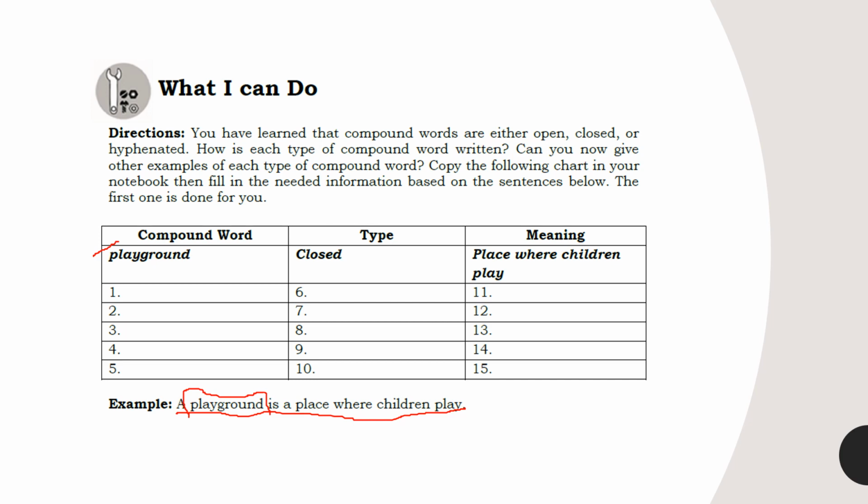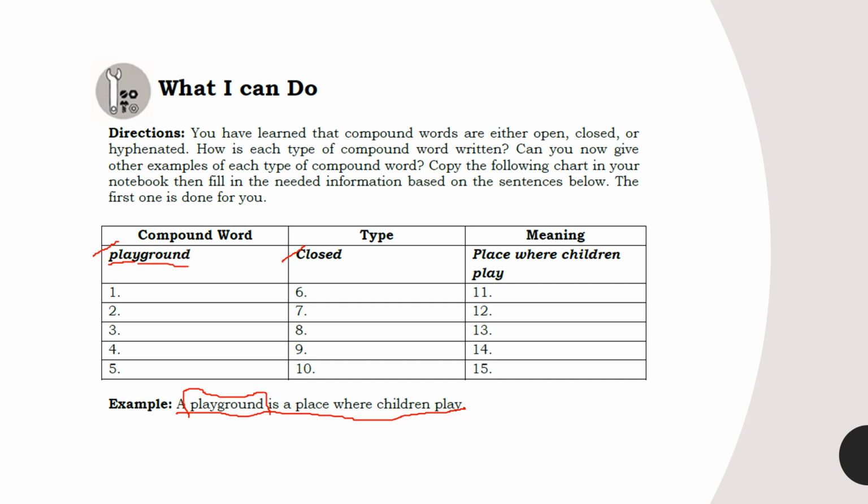Now our next task is to write what type of compound word. It's written here, it is a closed compound. That's verified. When we say closed compound, there is no space. When we join the two words together, there is no space. So we write play and then followed by the second word right after.